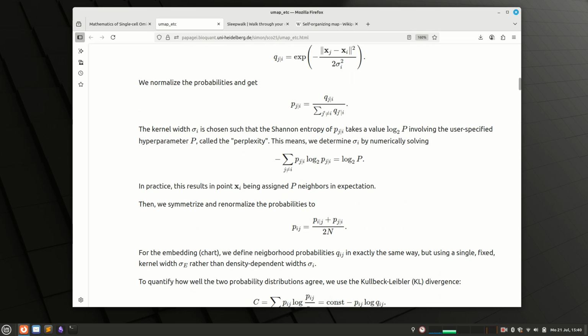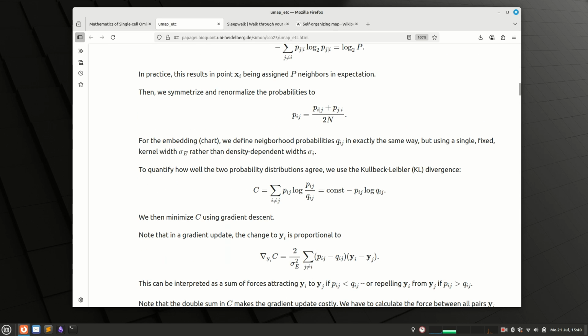On the embedding space we have something like Qij is the exponential of minus (Xi minus Xj) squared plus (Yi minus Yj) squared, where these are simply the X and Y coordinates of the points on our plotting scale, over 2 sigma squared. As you can see, this is Qij, and Qij appears here in this logarithm.